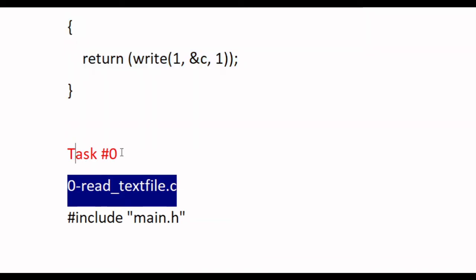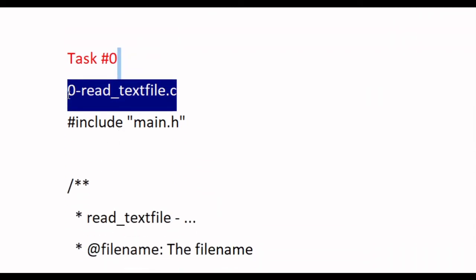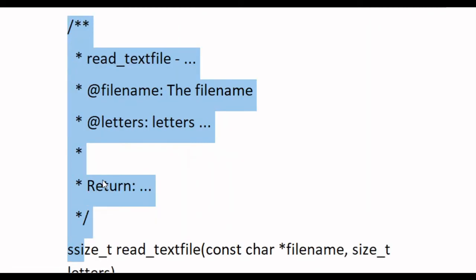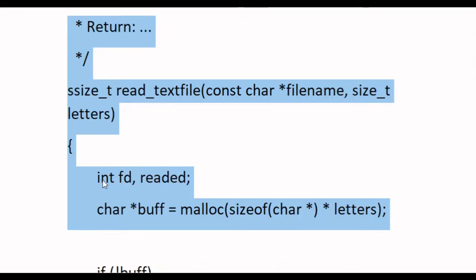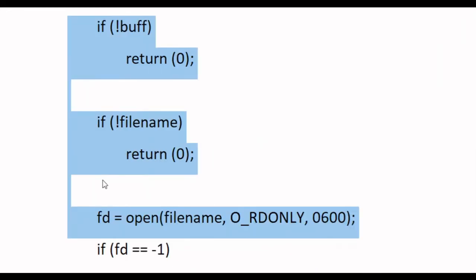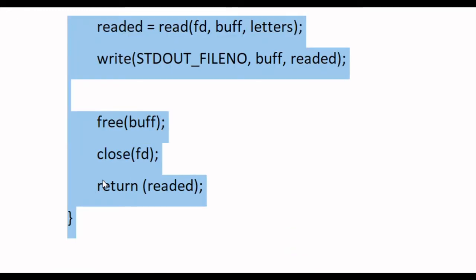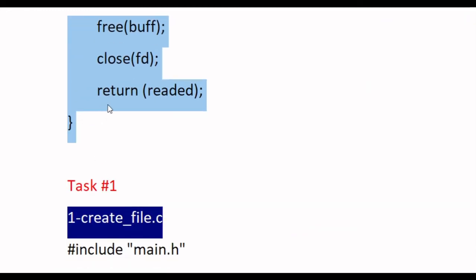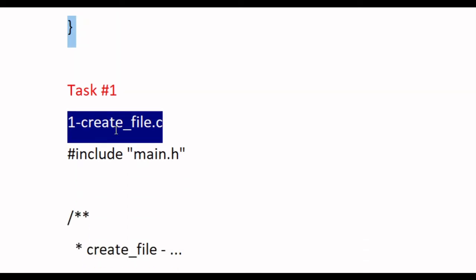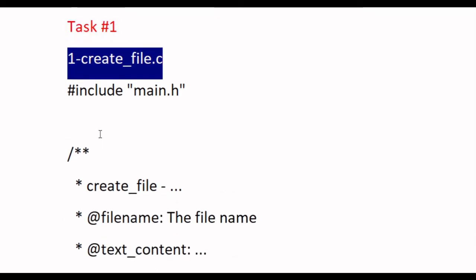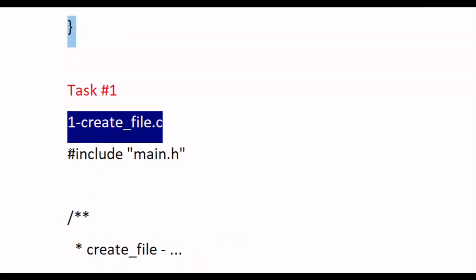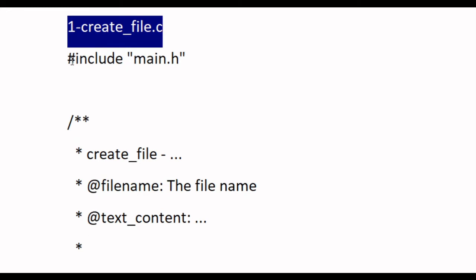Then this is for the task 0. Let's start with task 0. This is what you have to input on your file. The tasks in this particular project are not much, so just about 4 tasks we are running here.